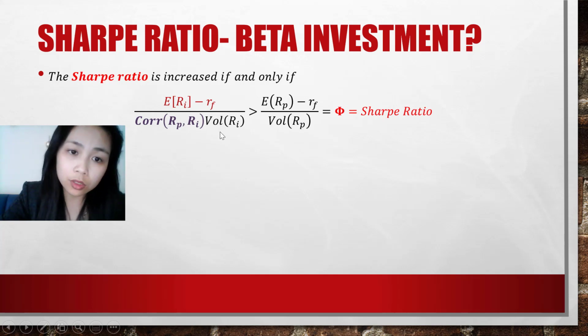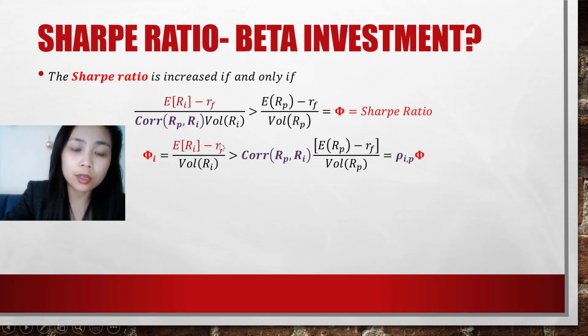Now if we look closely at the left-hand side of the inequality, we see there's something familiar, right? The numerator is the risk premium of investment I, and the denominator is the volatility of investment I. So if we make the correlation between RP and RI disappear, we get the Sharpe ratio of investment I. So let's do it. I'm going to multiply both sides by the correlation between RP and RI. This is in the purple color, right? I'm going to make it disappear on the left-hand side.